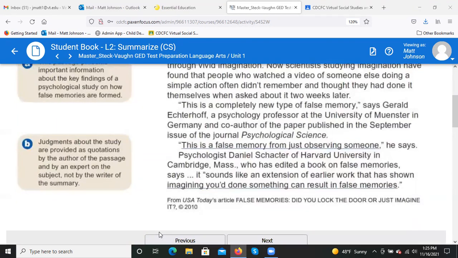This is a false memory from just observing someone, he says. Psychologist Daniel Schachter of Harvard University in Cambridge, Massachusetts, who has edited a book on false memories, says it sounds like an extension of earlier work that has shown imagining you've done something can result in false memories. And that's an article from USA Today in 2010, False Memories: Did You Lock the Door or Just Imagine It?